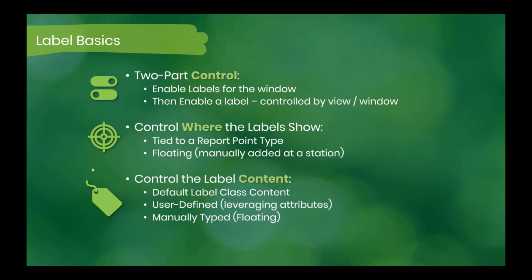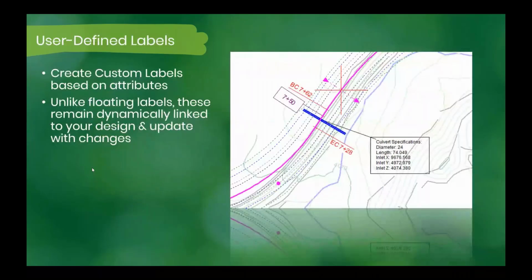But then there's another fun type of label called a user-defined label. And these ones are, again, tied to report points, but they're based on attributes and we can customize the type of content that's shown in them. So for example, and we'll go create this one in a moment, we can add different, say, culvert attributes and have that attached to our culvert insertion points.